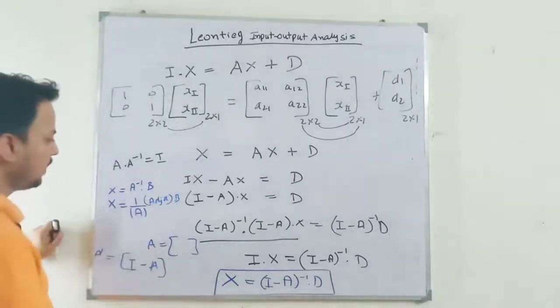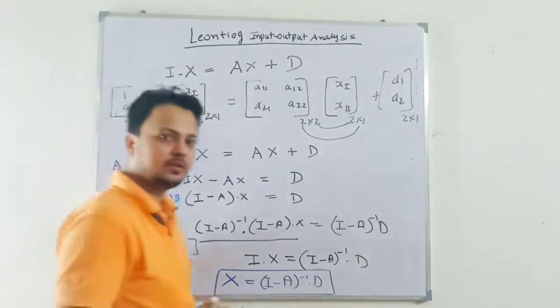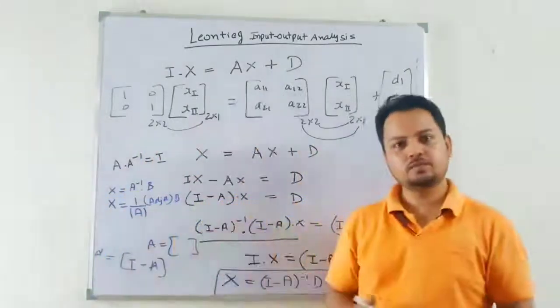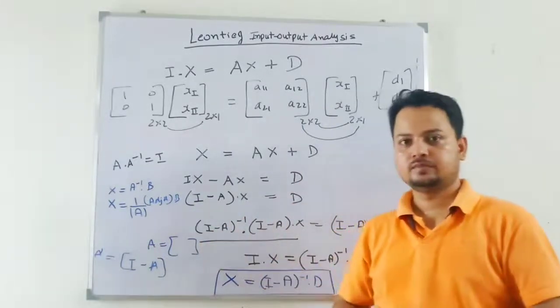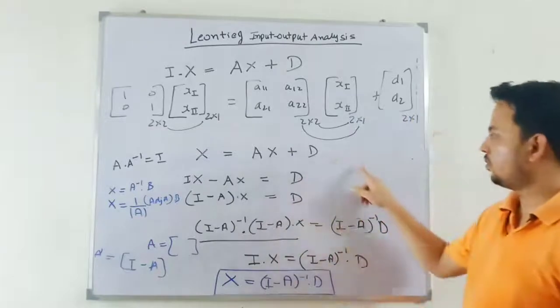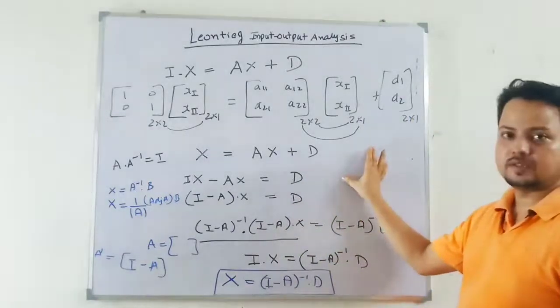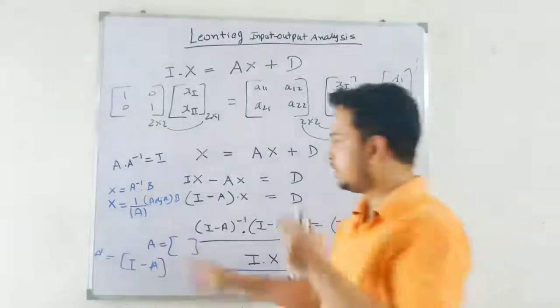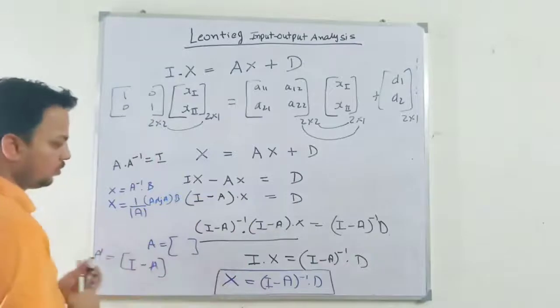And in a 2 by 2, it is easy to take out the adjoint of A. Change the position of your principal diagonal, and for the reverse diagonal, just change the sign. Then you will get the adjoint of A. So here also, you have to take out this thing.